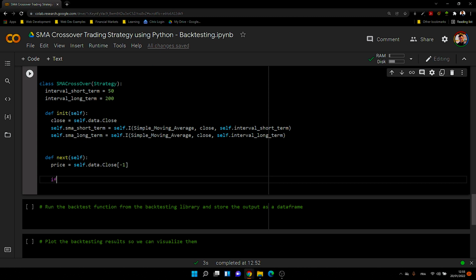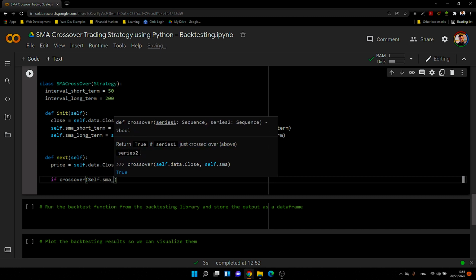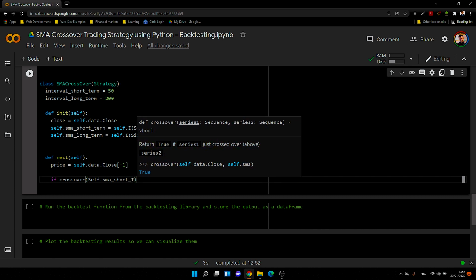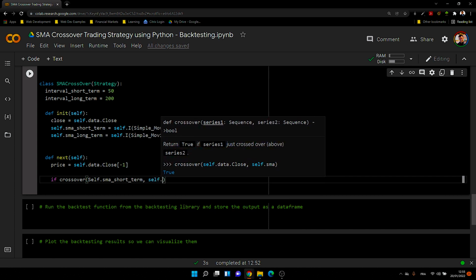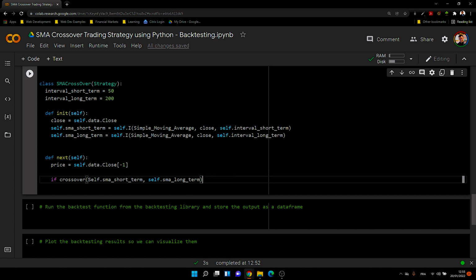And if our crossover that takes in self.sma short term, we got here some caps, and it also takes in our self.sma long term. This will essentially determine whether these two cross over.